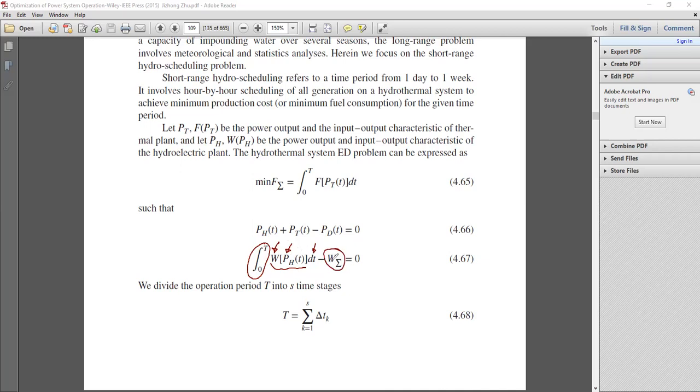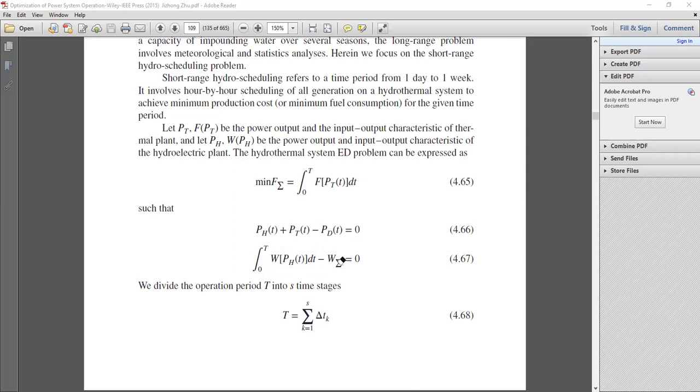Whatever amount of water is available for generation, you can use that water, and they are exactly the same. You cannot go beyond that. So that is the next equality constraint regarding the hydro head or the reservoir water availability.